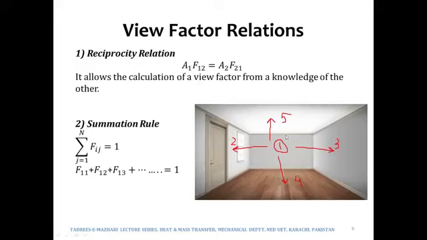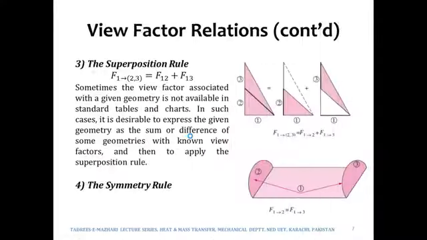Similarly, F14 would be equal to F15 if the floor area and the roof area are the same. So with the help of the symmetry of the objects, we can apply the symmetry rule and say that if F12 has a particular value, then F13 would have the same value, as long as the objects are symmetric.